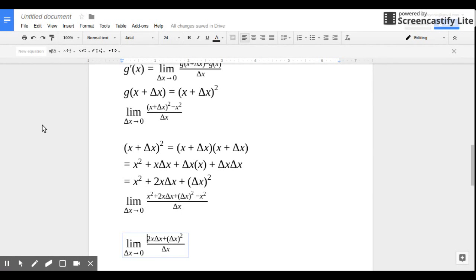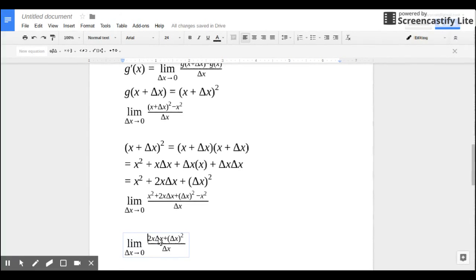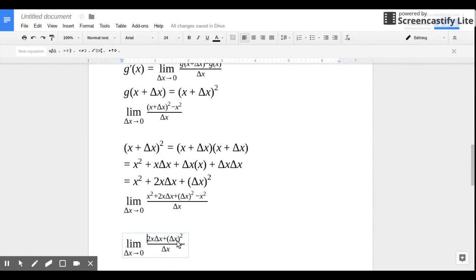Okay. Now, as you can see here, we have a delta x, and then we have two delta x's. So that means that we can cancel, since we have a delta x down here in the denominator. Here's those intermediate algebra rules again. Since we have this delta x down here in the denominator, right, we can cancel one delta x out of here and one delta x out of here.